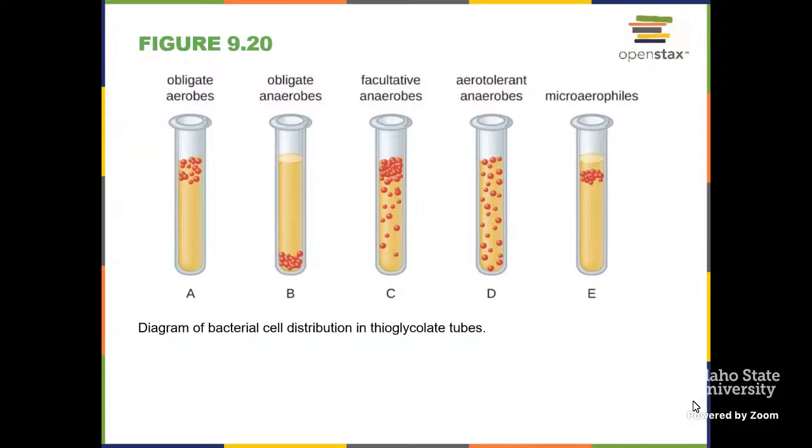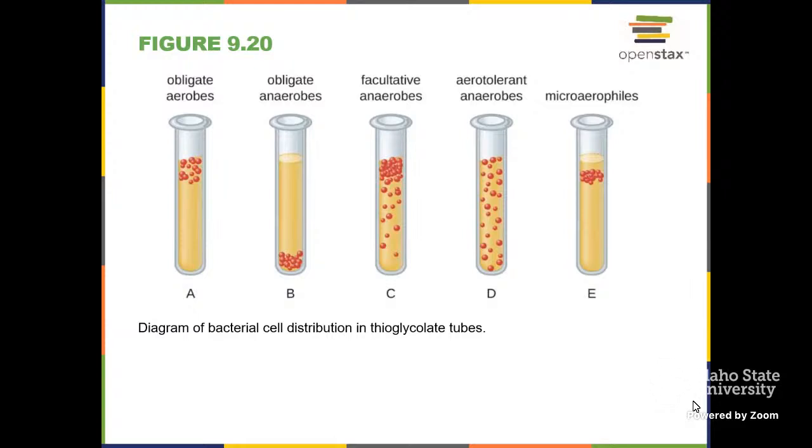And you have all looked at some of the broths where we've seen some turbidity, right? A little bit of cloudiness in those broths. And in these thioglycolate tubes, the red dots are showing us, oh, here's where the bacteria is going to be. But really, when we look at those tubes, we'd see like a little band of turbidity, a cloudiness in there. Up at the top of the tube, with this first one in A, would be our obligate aerobes.